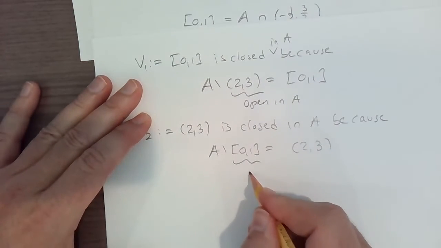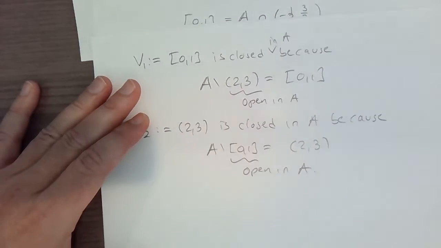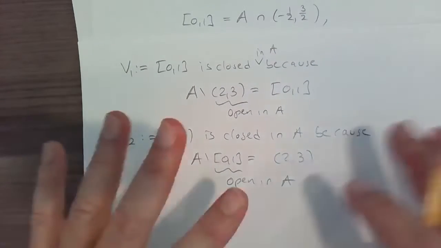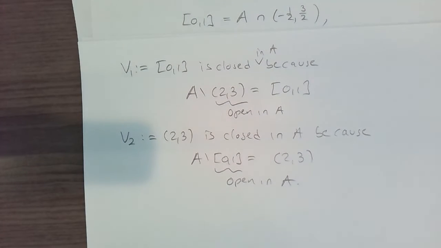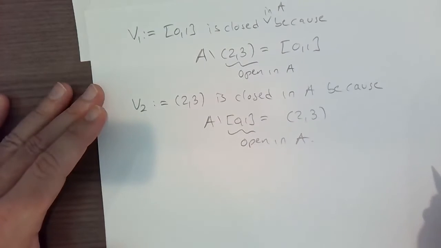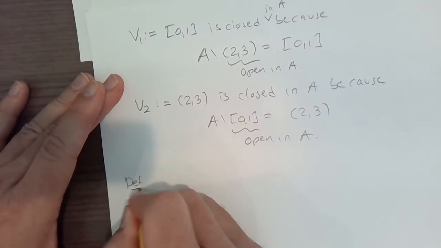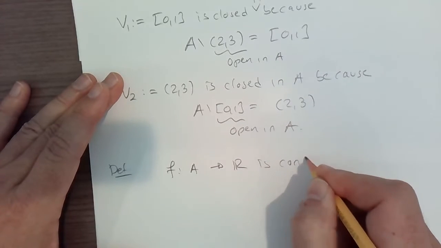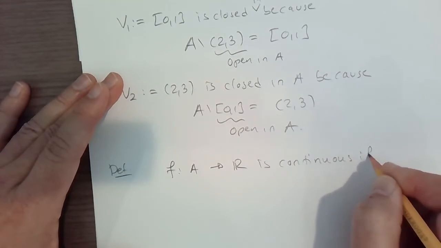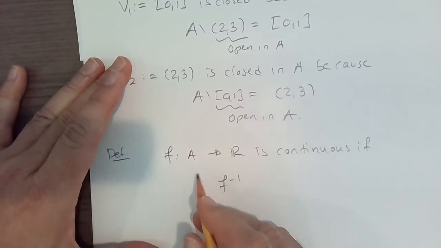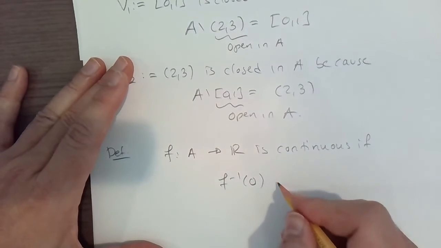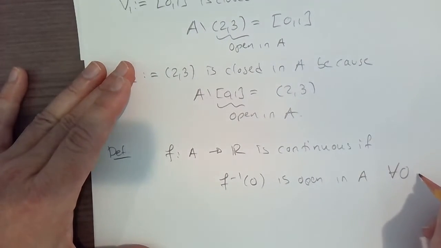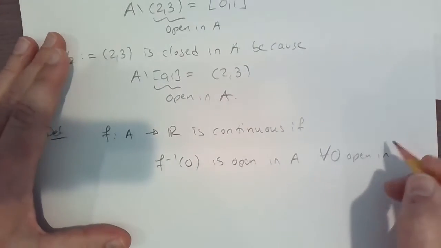And we argued that this one here was open in A. So in this subspace topology, this is where the question should have been phrased, and the definition is that f from A into R is continuous if the pullback of an open set is open in A for any O open in R.